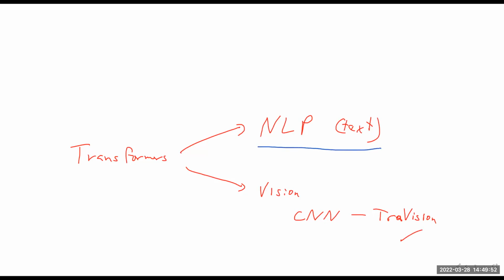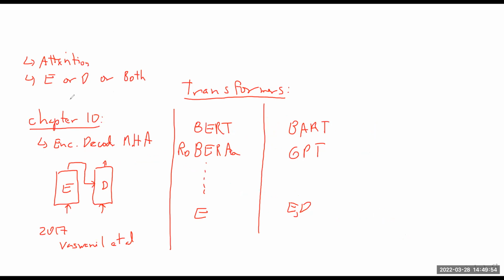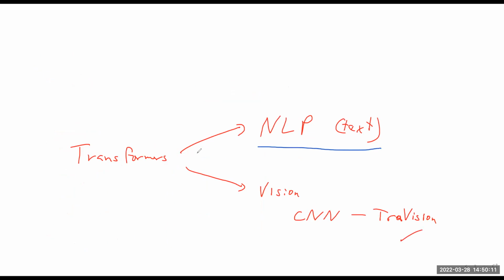So notice I started with transformers, what they are. Chapter 10 in the book, encoder decoder, several variants. They need to have an attention mechanism and one of these elements, usually, to be called a transformer. Then we said transformers are used for NLP and vision.